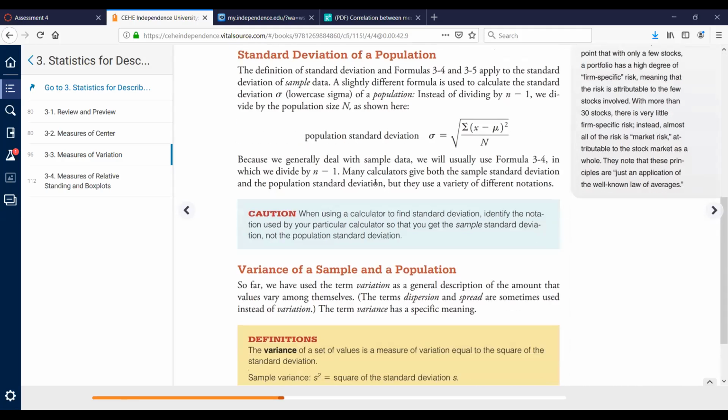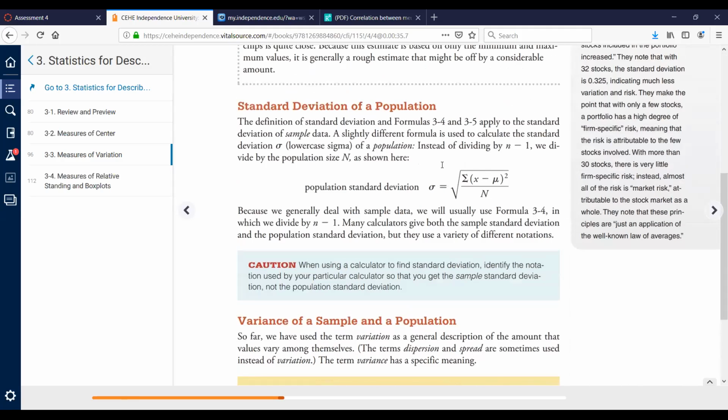So for a population, the standard deviation then is the mean of a population is denoted with the Greek letter mu because that tells us directly that it is a population we're dealing with. And then we divide by the total number, n, not n minus 1.